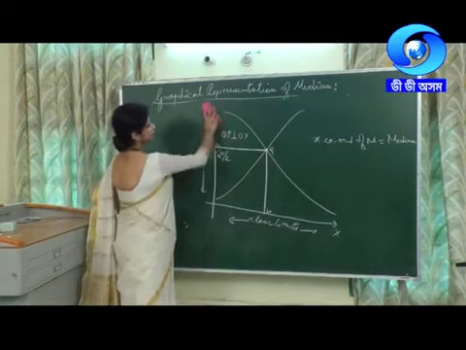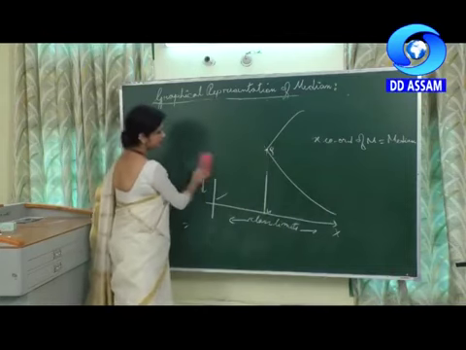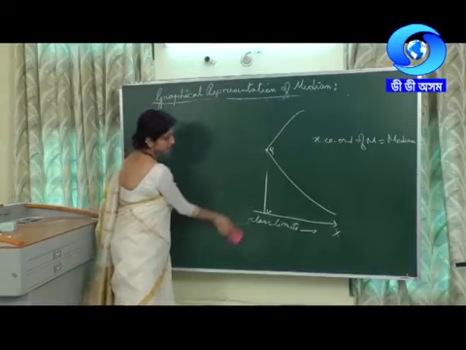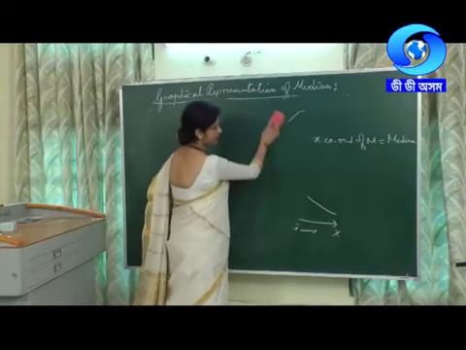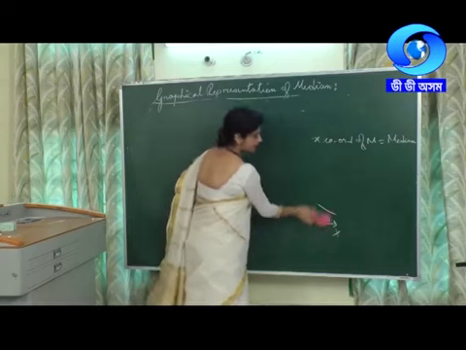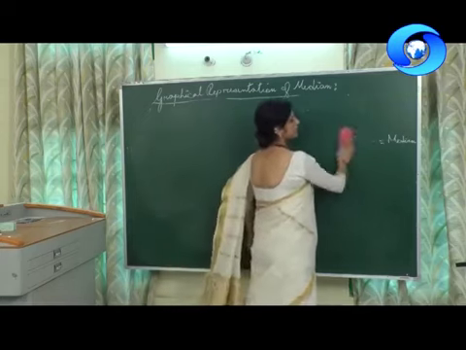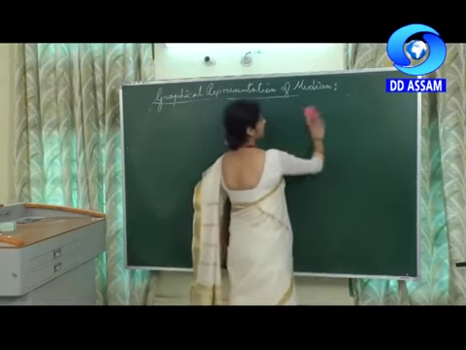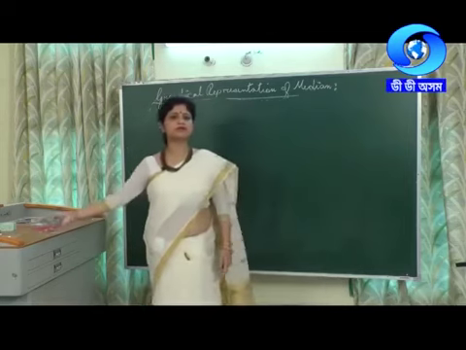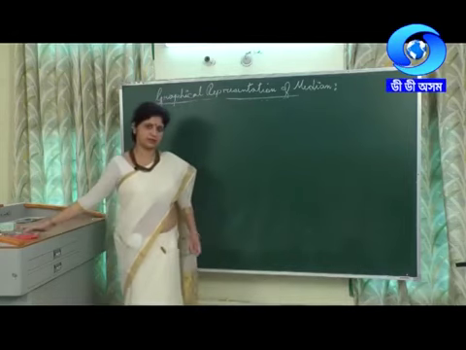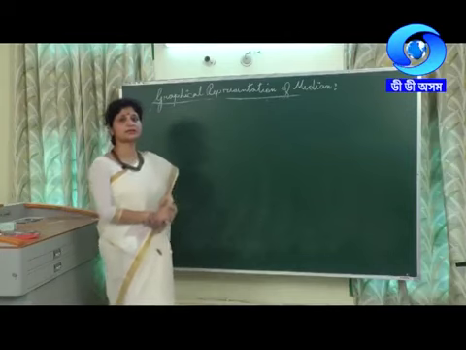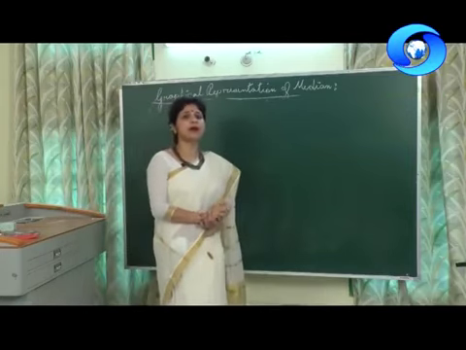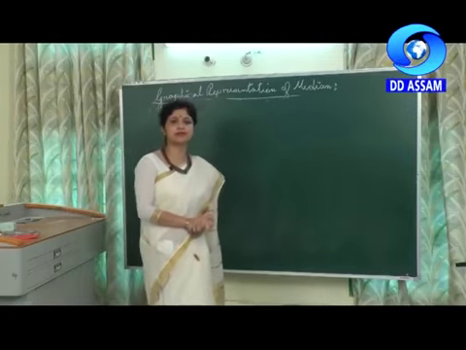So what we have learned is that median can be calculated with the help of mathematical formula, as well as it can be found out, or its value can be found out from graphs also without calculation. You might be asked sometimes in your exam, find median and verify it graphically.